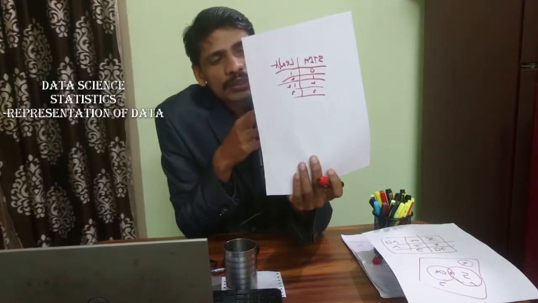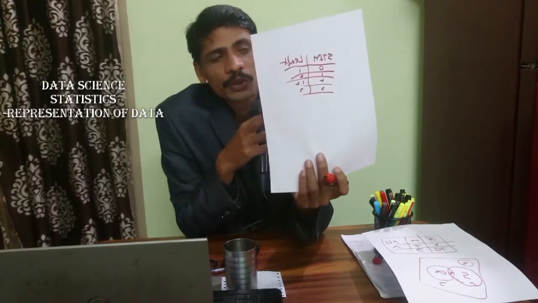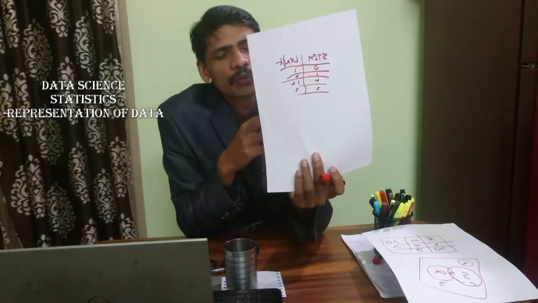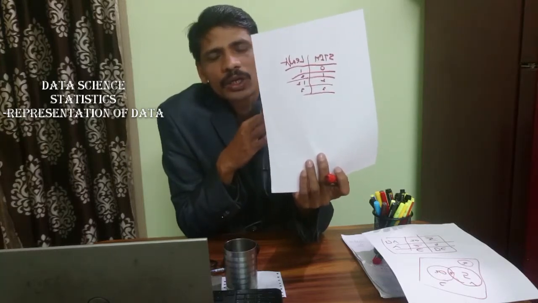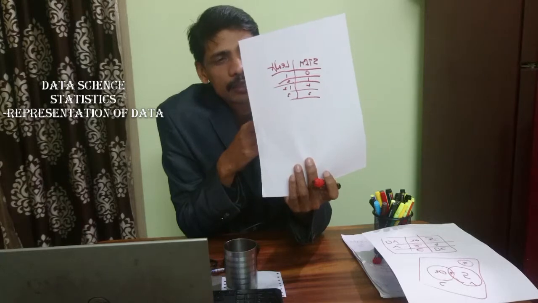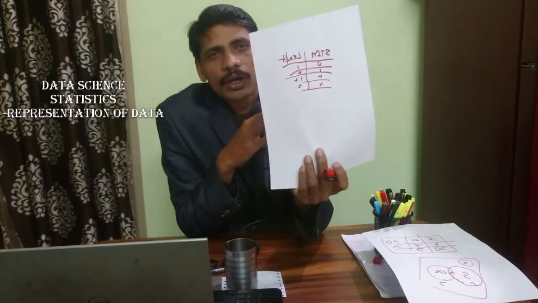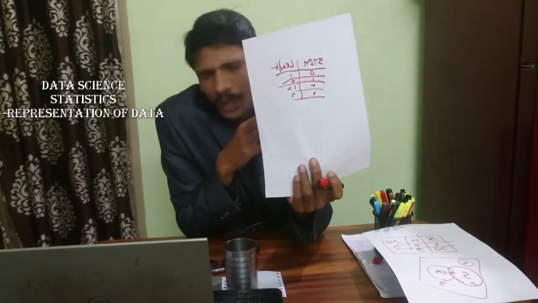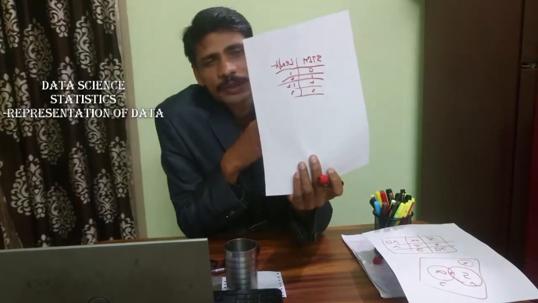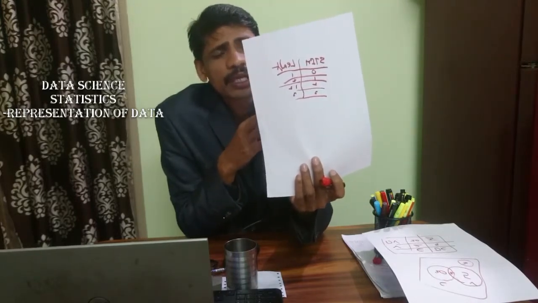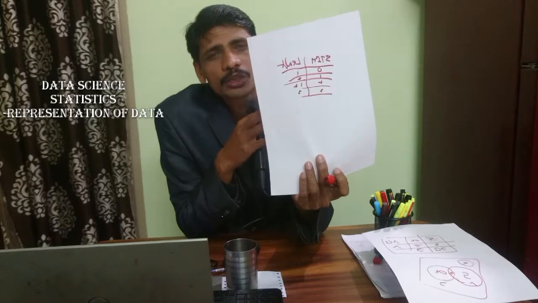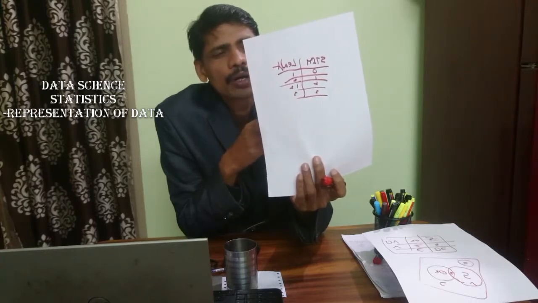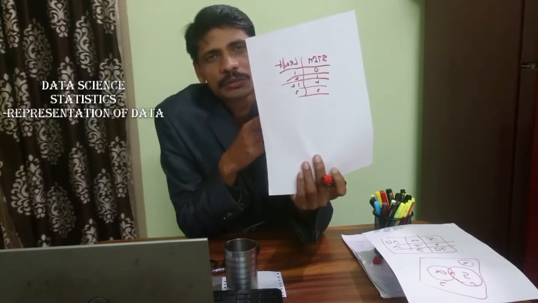So by seeing this data, what will we know? For example, one coach drew this and collected this data, basically stems as well as leaves. That means he collected all the sports persons who scored goals, basically.